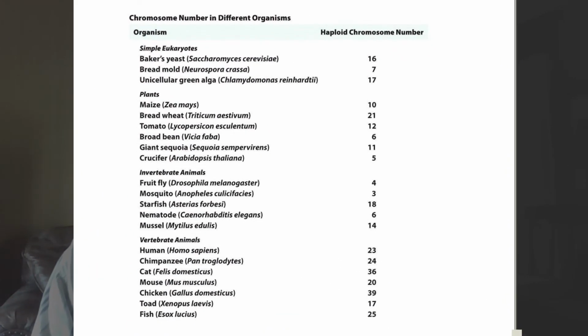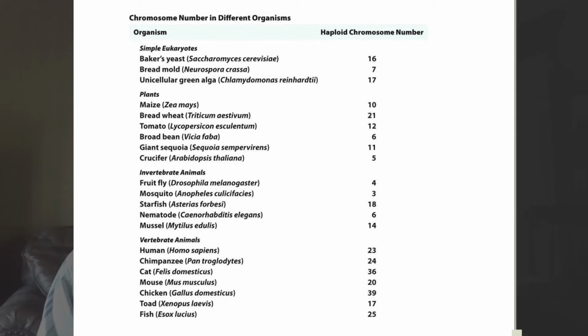First of all, to give you a sense of the tremendous variation in chromosome number, notice that the simplest of the eukaryotes, yeast, mold, algae, have anywhere between 7 and 17 different chromosomes. Maize, which you should be reviewing or will be reviewing this week in lab, has 10 chromosomes.